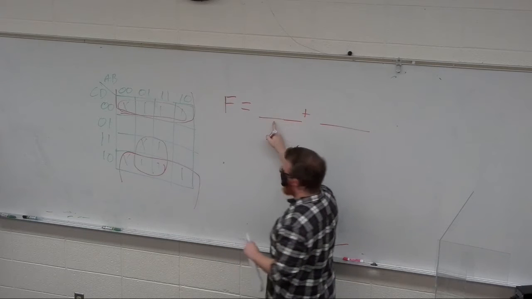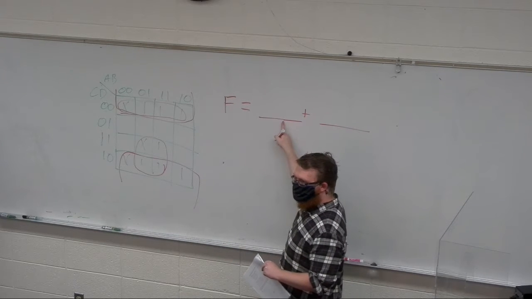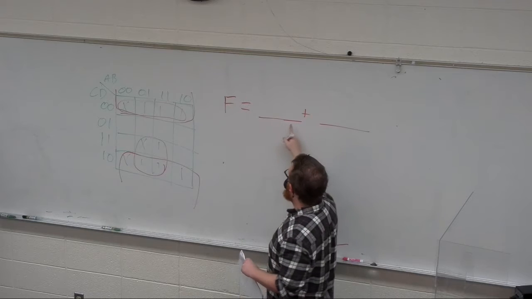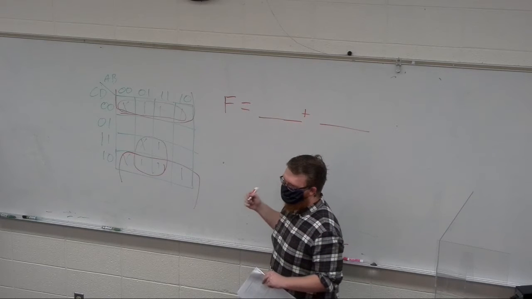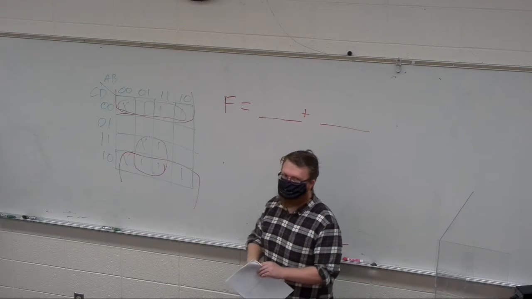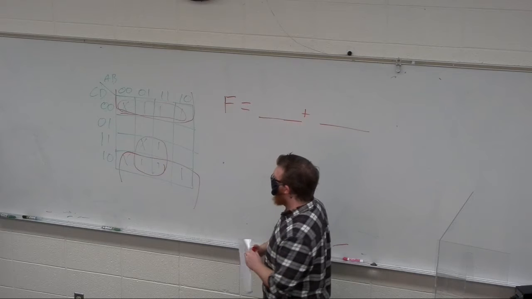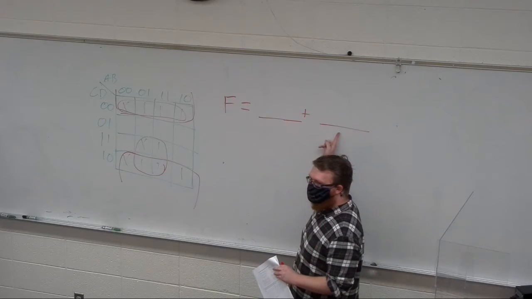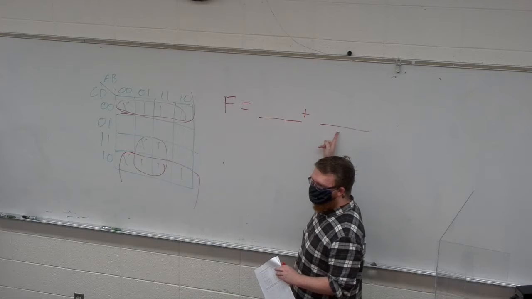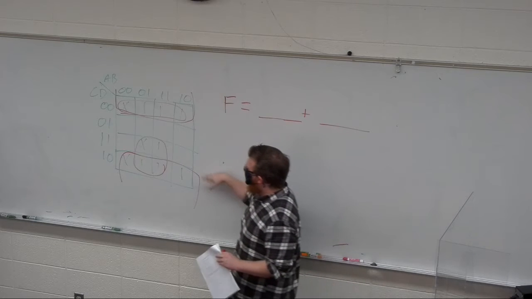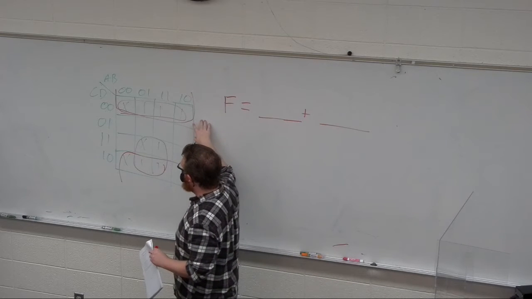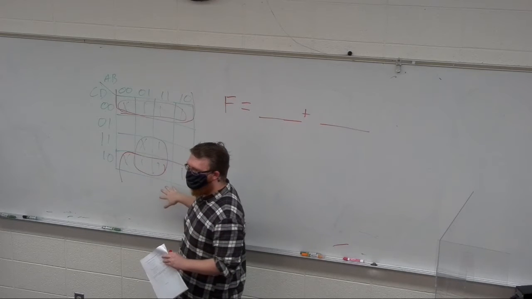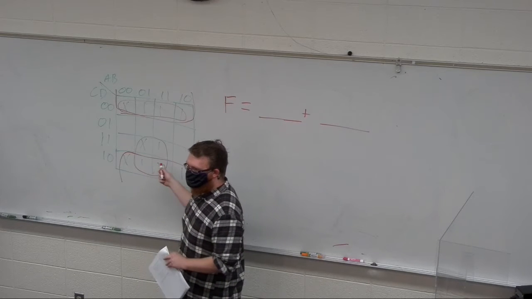So it's going to be the sum of products, right? The product expressions will be minimized, as well as the number of sum terms being minimized by having the largest possible circles. So here, because I only need 2 circles, I only need 2 terms to sum together. And then I look at these and see what doesn't change over the entirety of this circle, right?